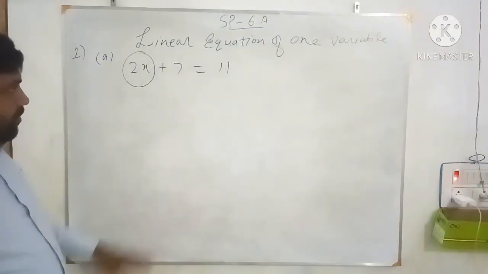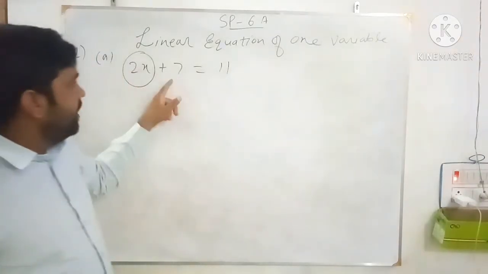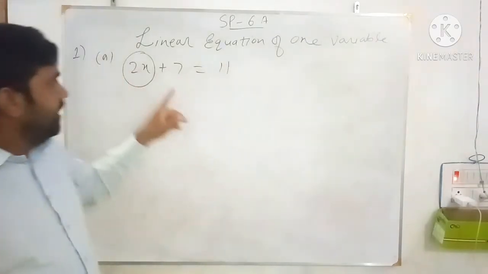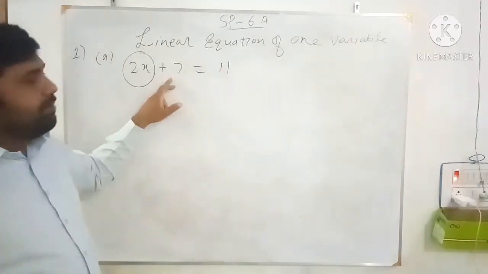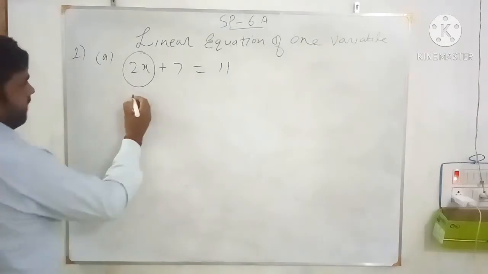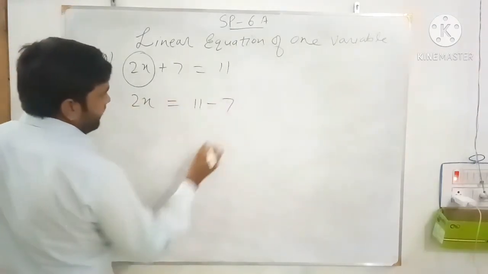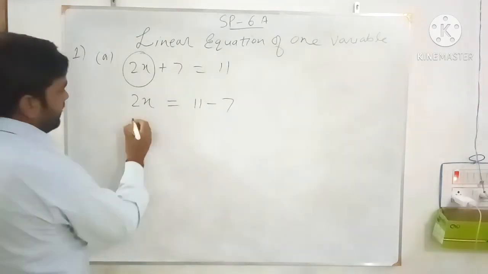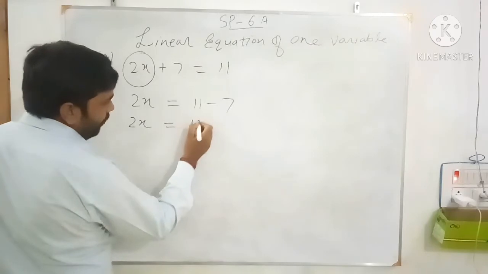When you transfer any term in the equation from the left hand side to the right hand side, the sign of the term gets changed. So here it is plus 7, and when we transpose it to the right hand side, its sign will become minus 7. So 2x equals 11 minus 7. Now 2x equals 11 minus 7, which gives you 4.